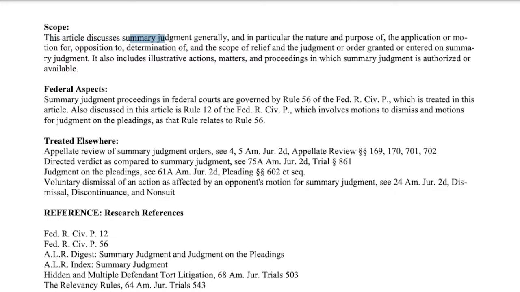This article discusses summary judgment generally, and in particular, the nature and purpose of, the application of, or motion for, opposition to, determination of, and the scope of relief, and the judgment or order granted or entered on summary judgment.